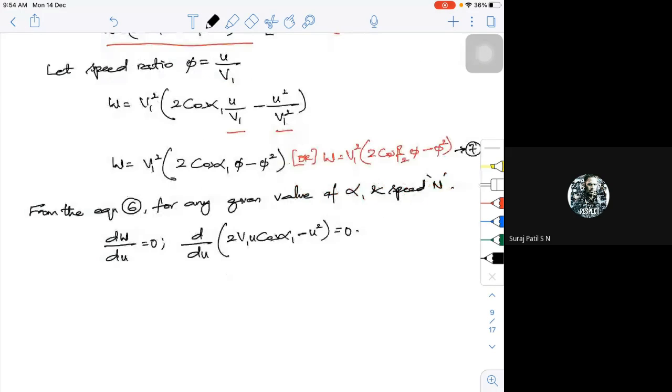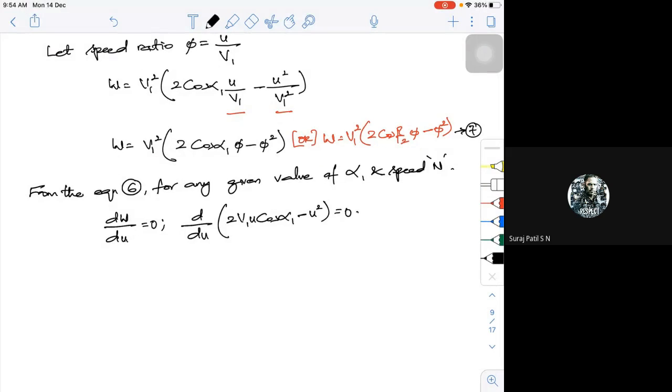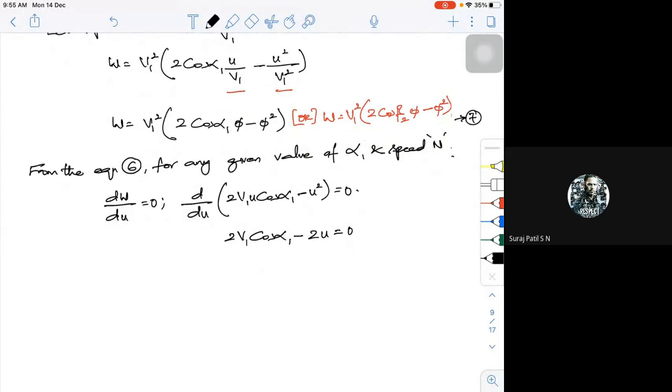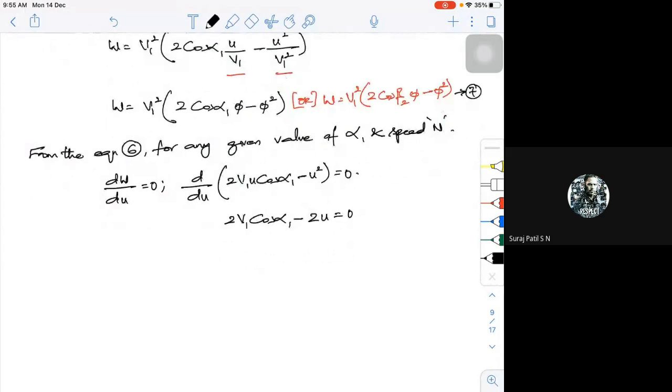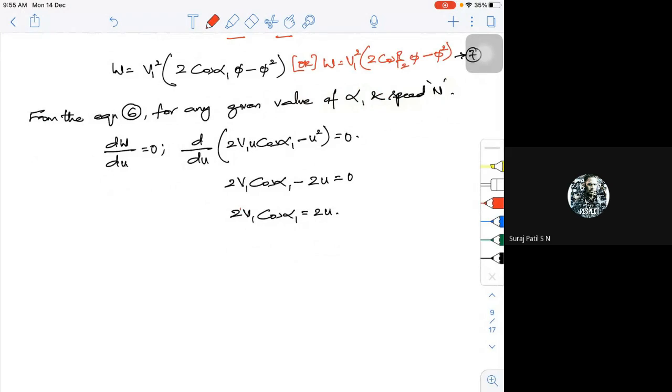If I differentiate, what I'm going to get is 2V1 cos alpha 1 minus 2U is equal to 0. Simplifying, 2V1 cos alpha 1 is equal to 2U, so the 2 simply cancels out, and your U will be V1 cos alpha 1.